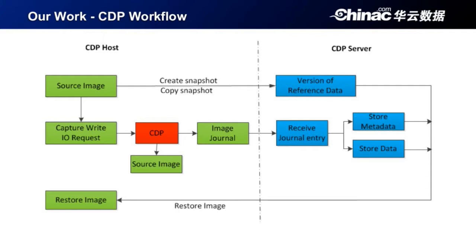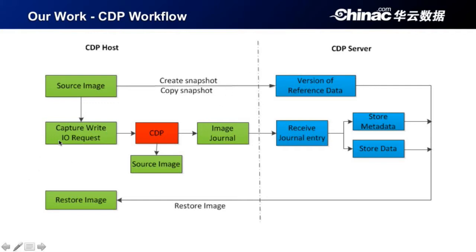Okay, now I will show how to back up and restore by this service. Once CDP service on an image starts, it will create a snapshot and then copy this snapshot in an asynchronous manner to the CDP server, which is called the version of reference data. In other words, it is the base image.